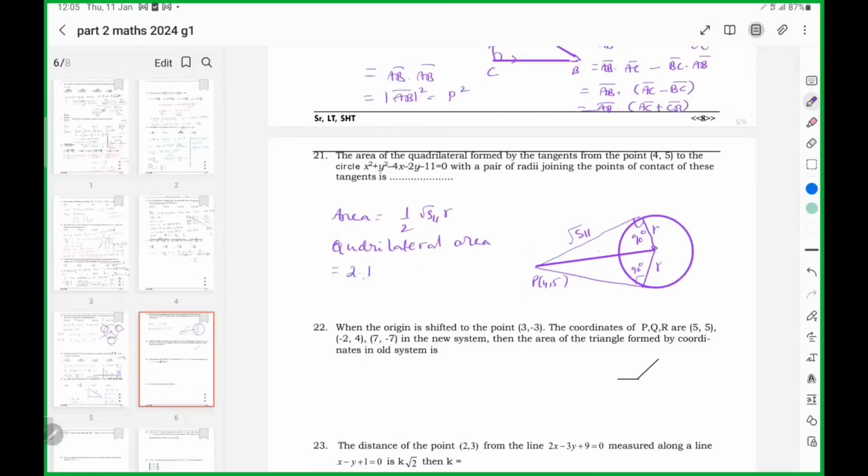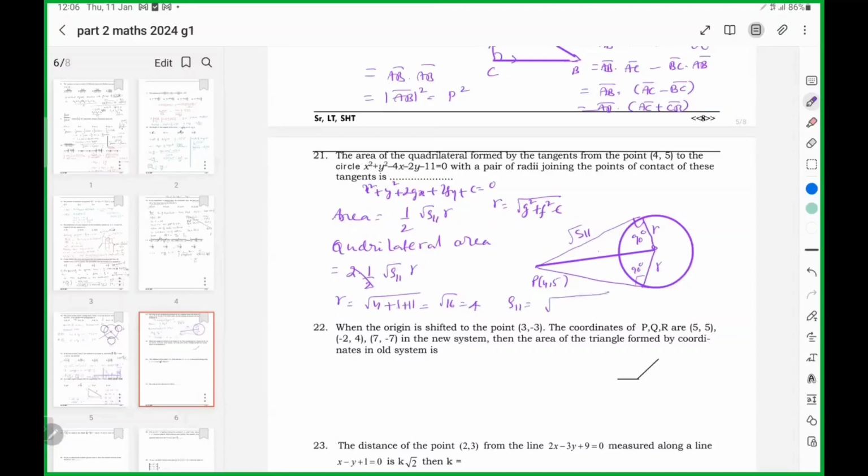Two times half. Radius here is root of g square plus f square minus c formula, 4 plus 1 plus 11. Comparing the given circle with the standard expression, we get root 16, which is 4.